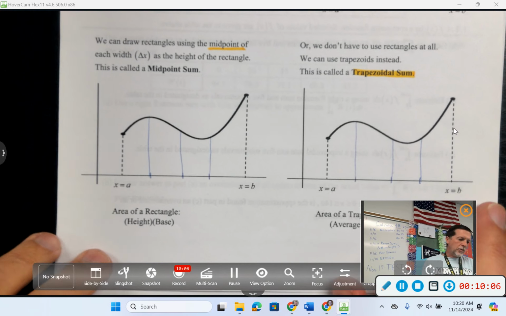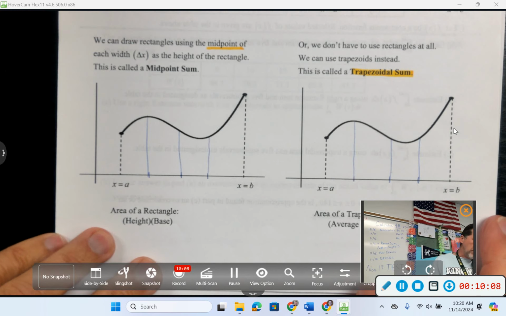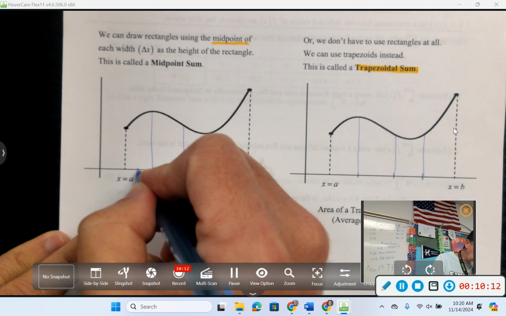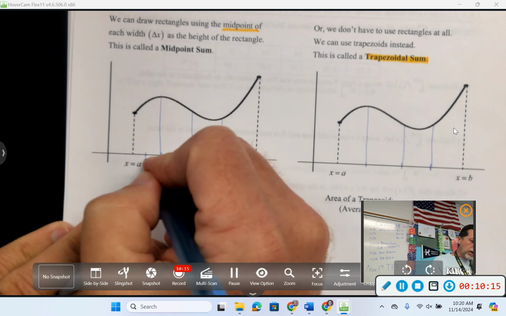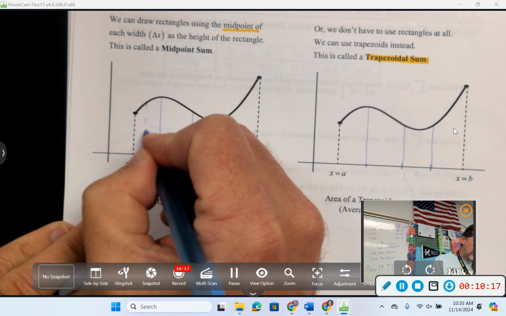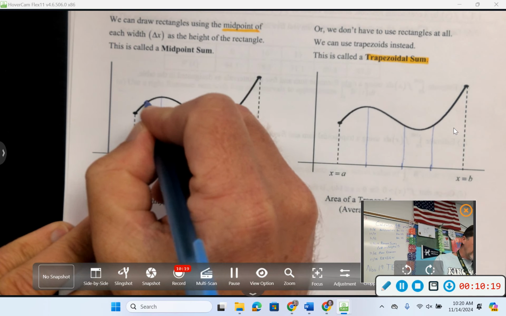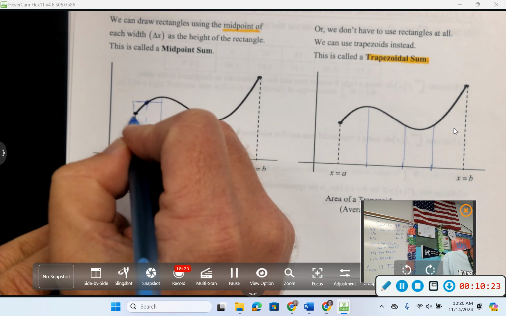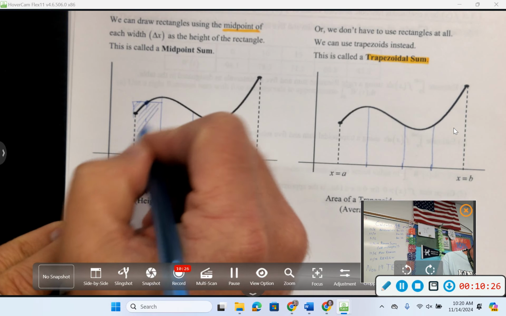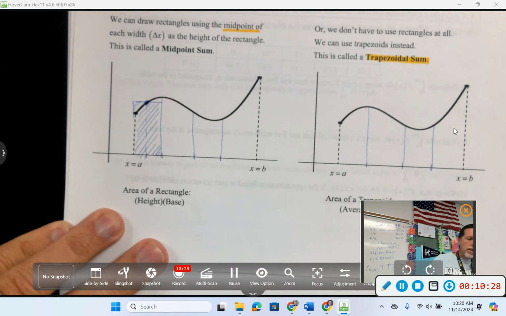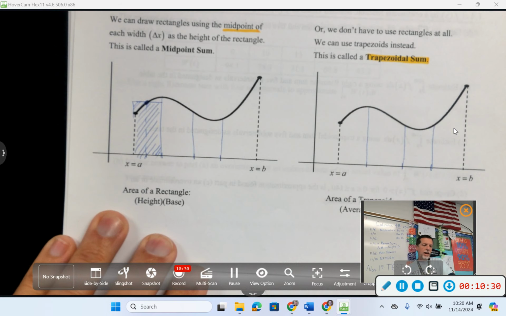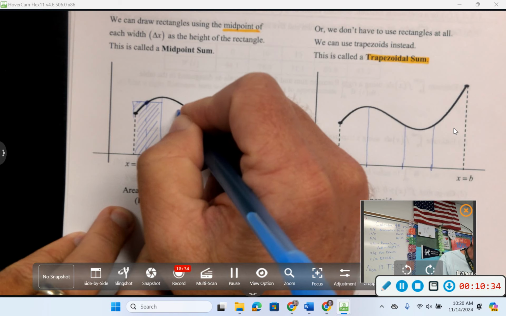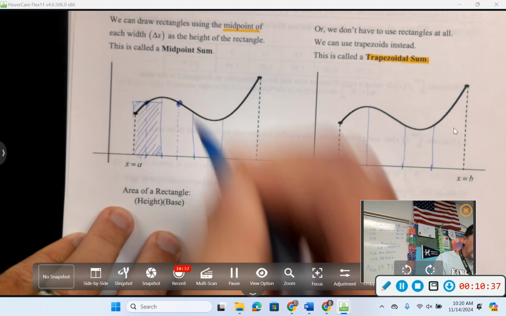All right, third option. We can draw rectangles using the midpoint of each width. So, let's see. On that first width, the midpoint height is this height right there. So we make a rectangle with that height. Same thing on the next rectangle, the midpoint height is right there.